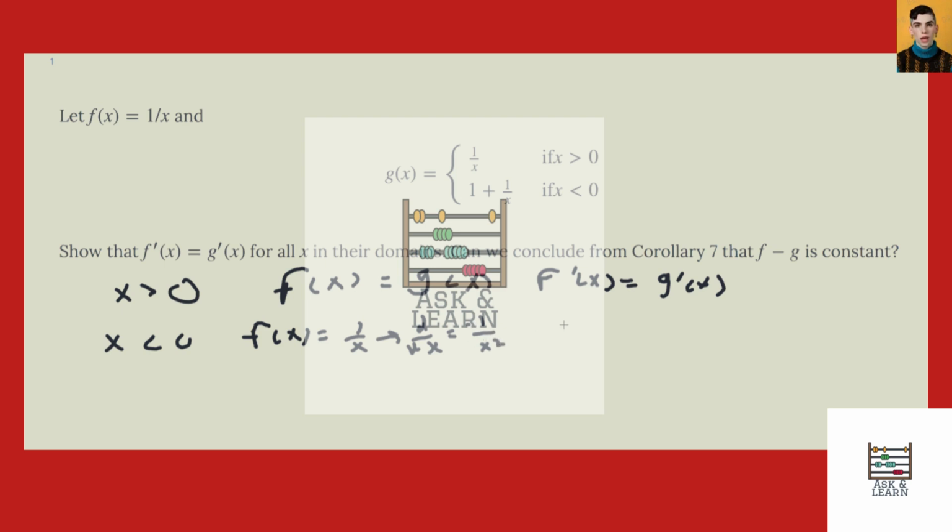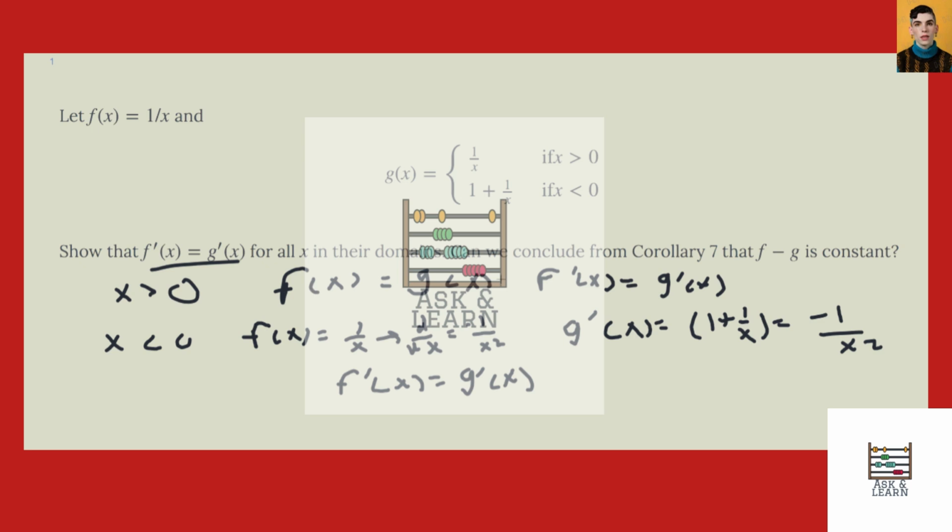And then for g of x, g prime of x is just the derivative of 1 plus 1 over x, which is also negative 1 over x squared. So again, we've proven that f prime of x is indeed equal to g prime of x.